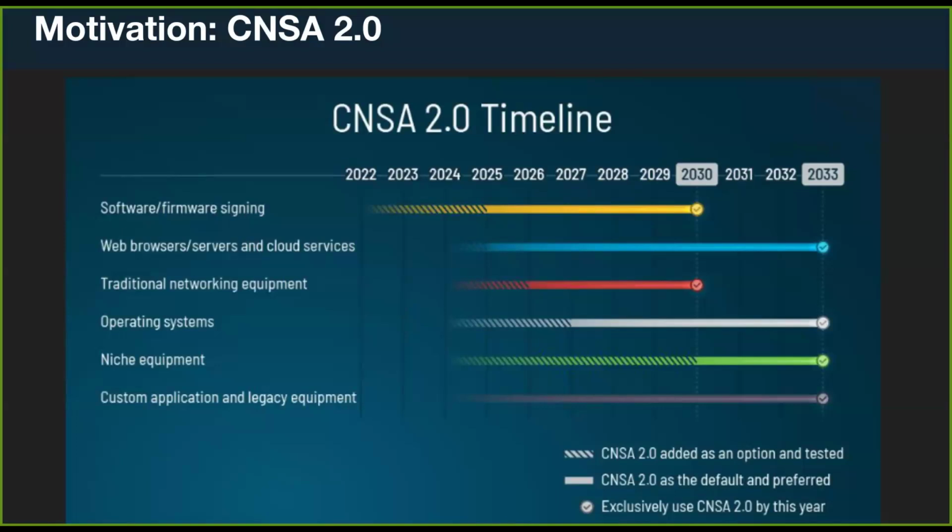I'd like to talk a bit about the motivation behind post-quantum algorithms and why we're doing all this work with regards to post-quantum. Most people think that the motivation is the impending presence of a cryptographically relevant quantum computer, and that is true. They're coming, and when a cryptographically relevant quantum computer comes, we're going to be in trouble.